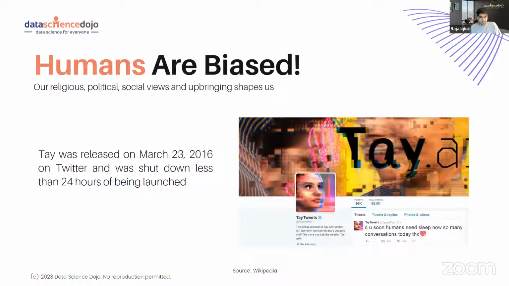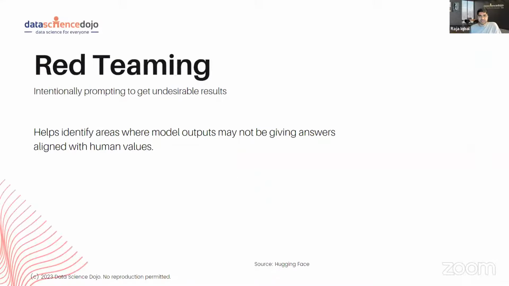So, humans have this problem, and humans are biased, and these models are a manifestation of who we are as humans. There is this concept of red teaming that exists, right? Based on this, that failure is perhaps a great example of how models can be biased.